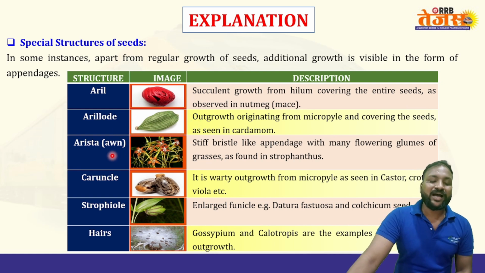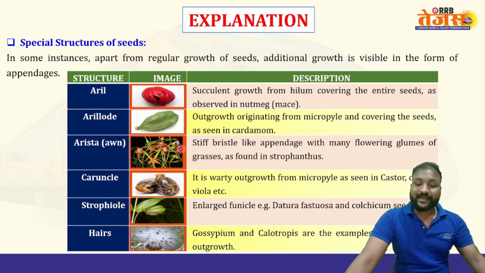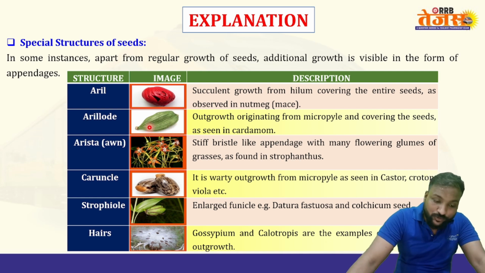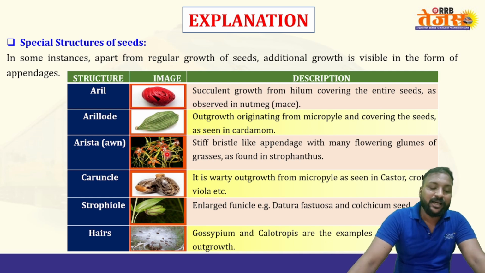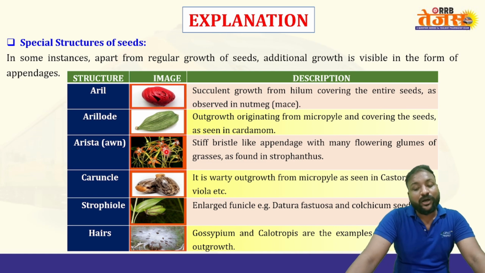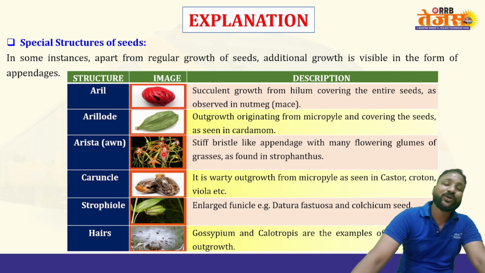And arista or awn is a bristle or bristle-like appendage found with many flowering glumes of grasses, and is found in Strophanthus.